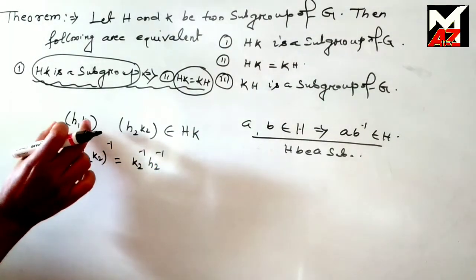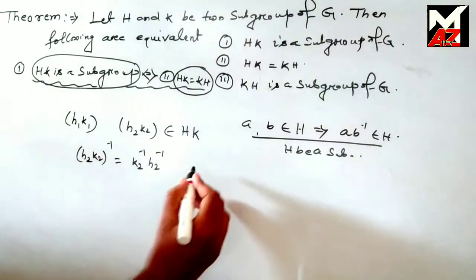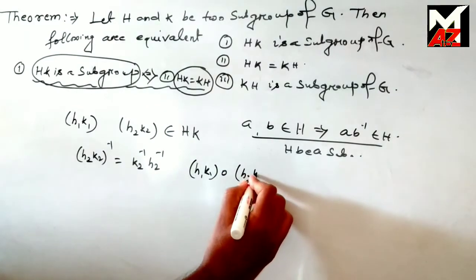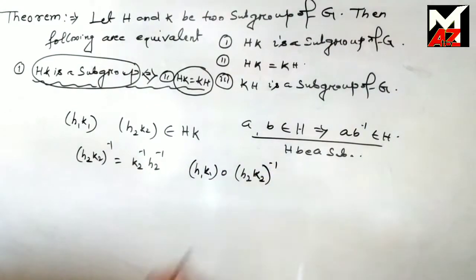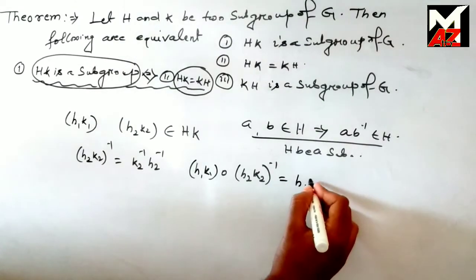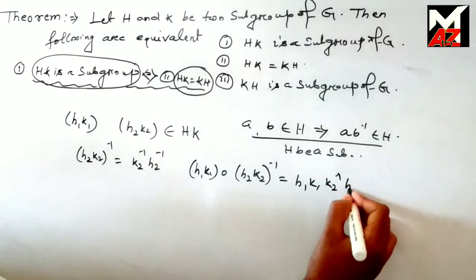Now we calculate H1 K1 composition (H2 K2) whole inverse, and this is H1 K1 K2 inverse H2 inverse.